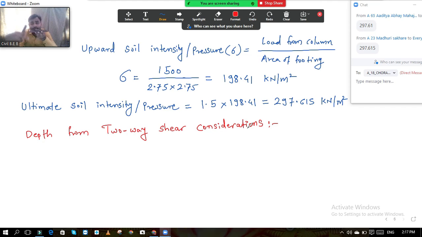The depth of the footing, the third dimension, should be designed in such a way that if it is not sufficiently provided, then due to this punching action of the column through the footing, the footing will fail. Cracks will develop in the footing and it will fail. Okay, so we will design the depth for this punching action. I hope now it is clear to you. Is it clear?